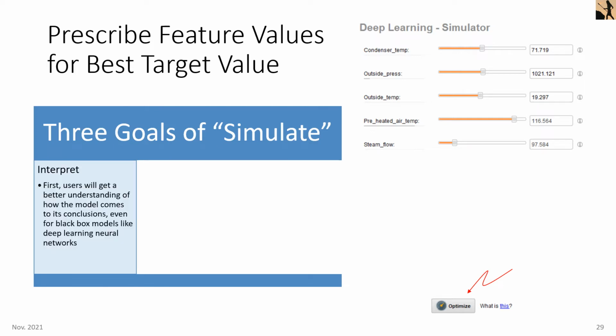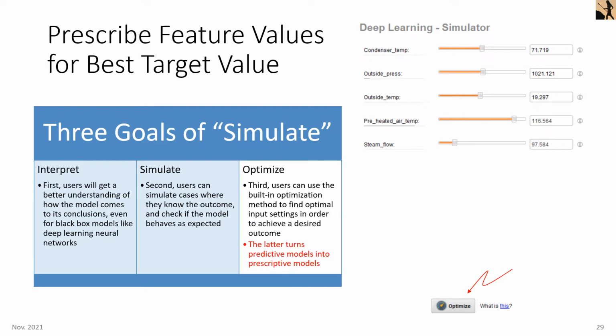First is to interpret the model, right? We can see what attributes are contradicting and what attributes are supporting. Then we move around the attribute values to see how the result will change. The third part is what we call the optimize.